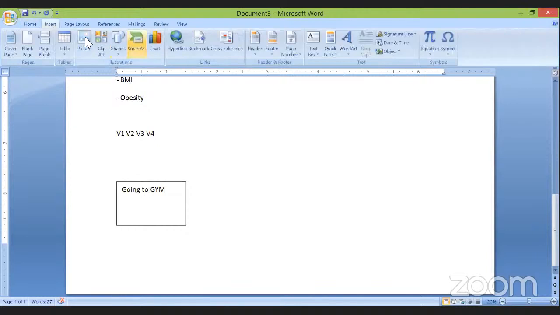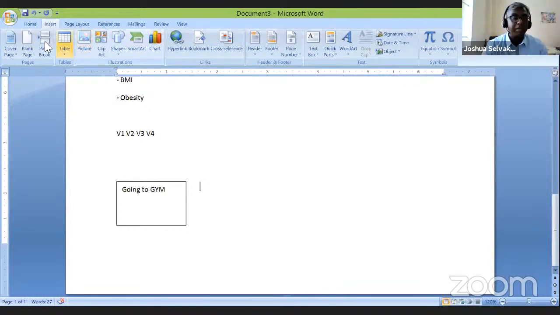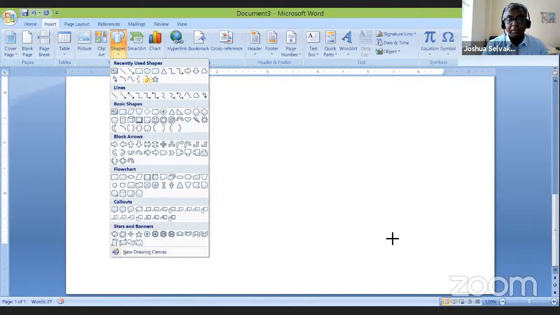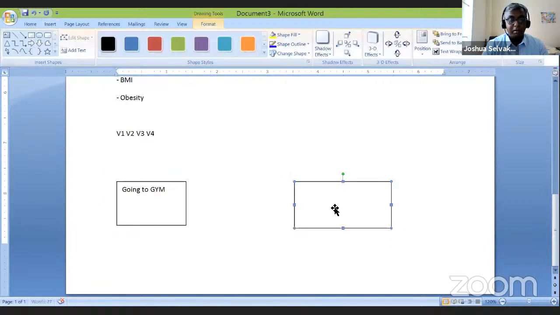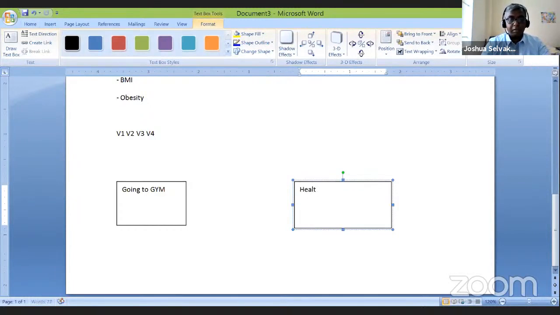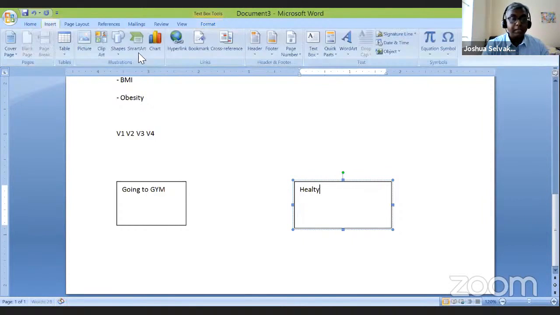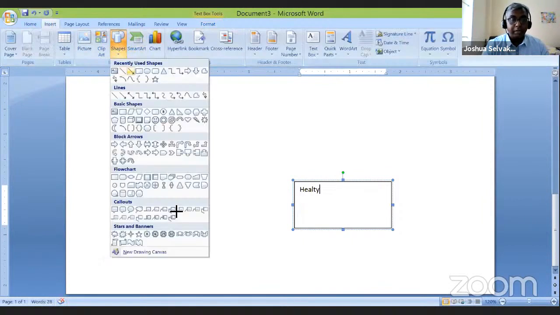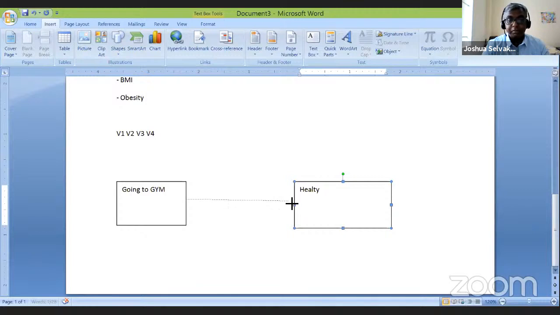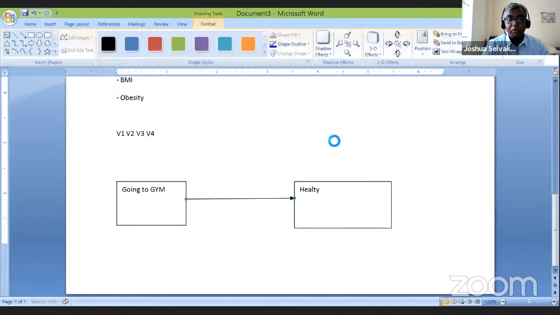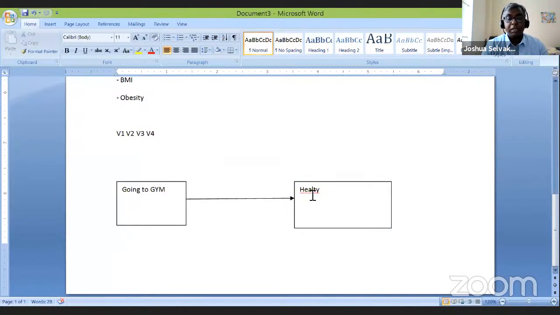Physical fitness. To become healthy, of course. So going to the gym makes you healthy. I'll put an arrow here. So we have a hypothesis: if you go to the gym, you become healthy.